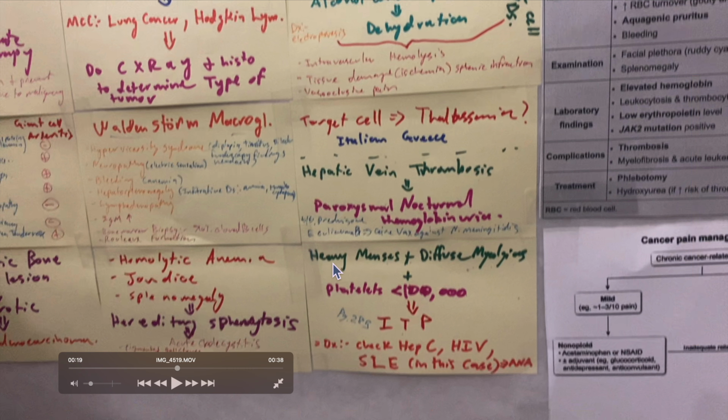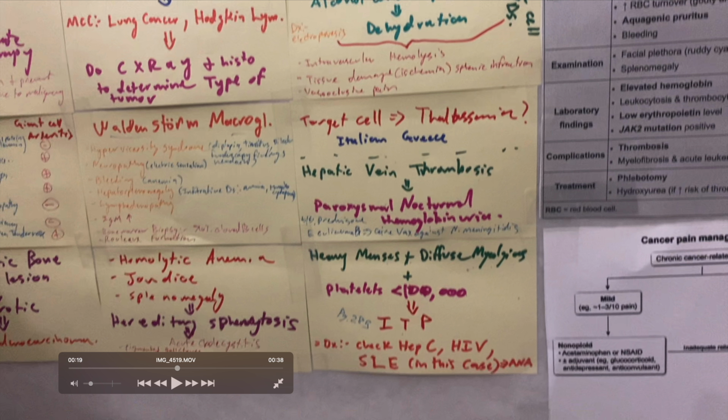Heavy menses with diffuse myalgias plus platelets less than 100. Okay, think ITP, immune thrombocytopenic purpura.